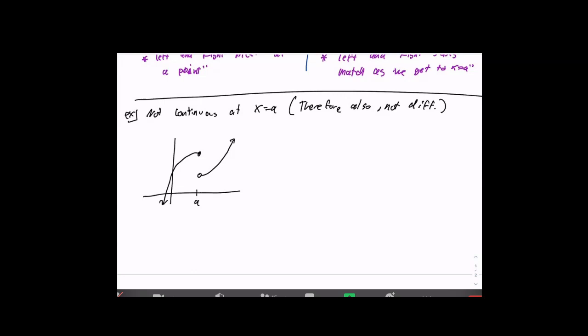Does anybody remember the name for this type? When we say not continuous, I also want to note that not continuous also means discontinuous. Does anybody know what this discontinuity is referred to in this picture?